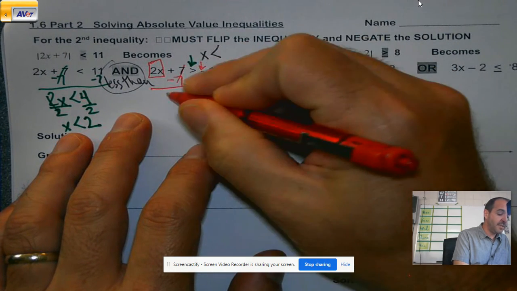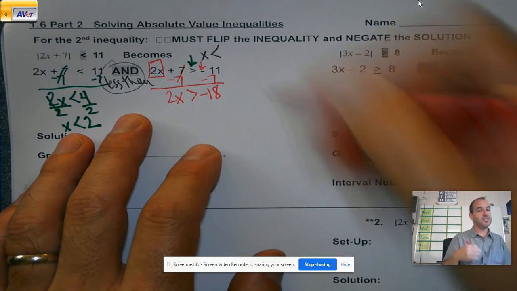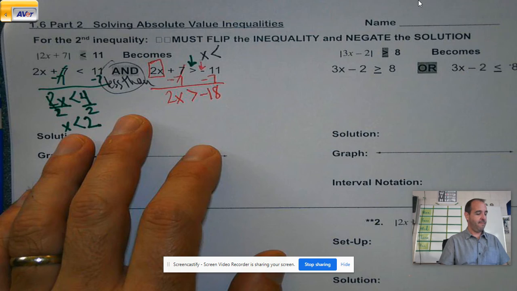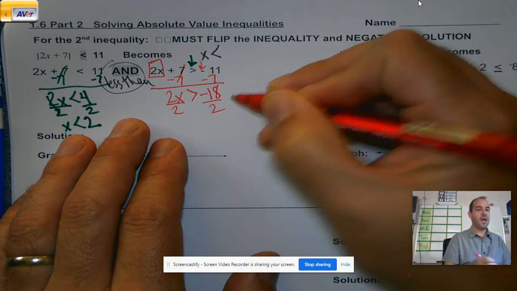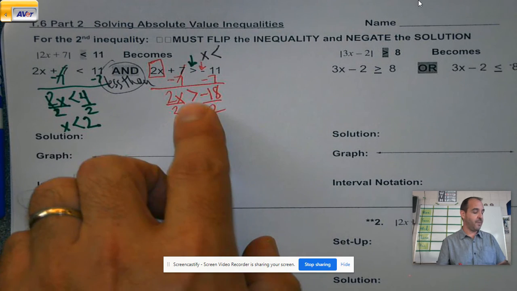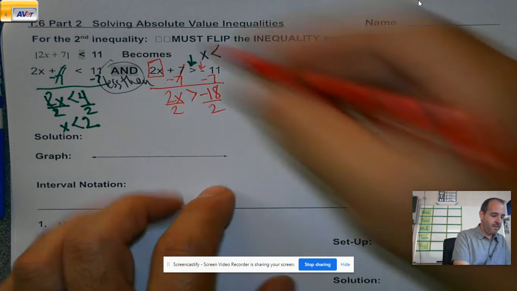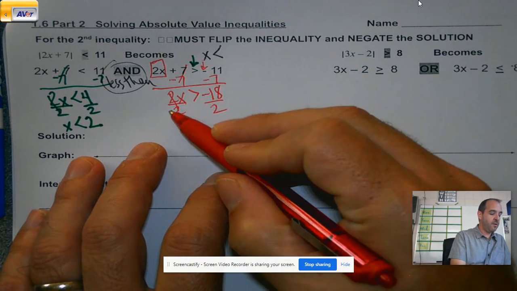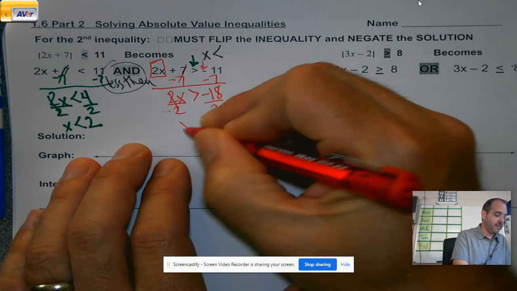Whatever we do to one side of the inequality, we've got to do to both. And just a reminder, okay? Because I know sometimes you'll hear me say these things and your brain will say, hey, look, there's a negative. I got to flip the arrow. Not this time. We only flip if we're dividing both sides by a negative here, or multiplying in some cases.